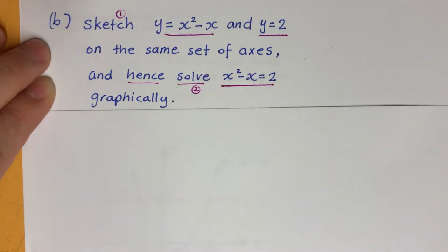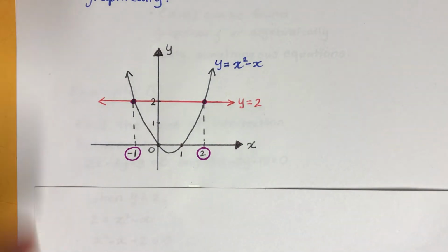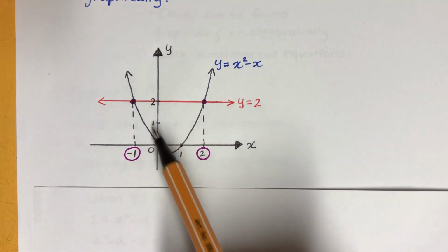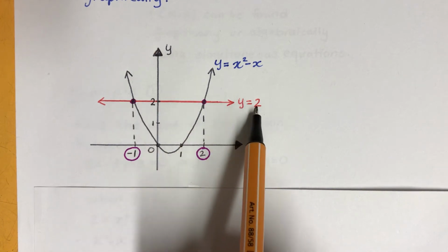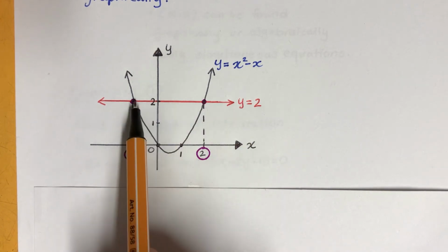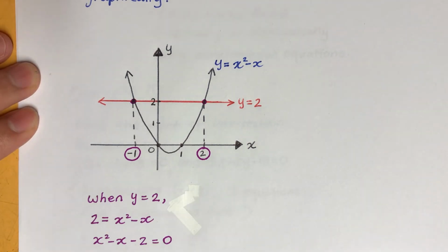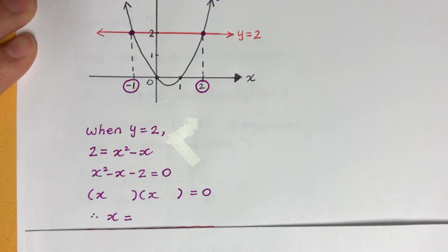Okay, so that's what I've done already for you here. So I sketched y equals x squared minus x, and then y equals 2. So it hits there. And then I did it again like what I did before, graphically, and then I'll check algebraically.